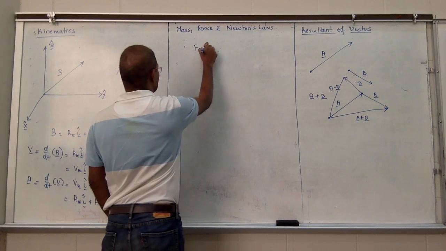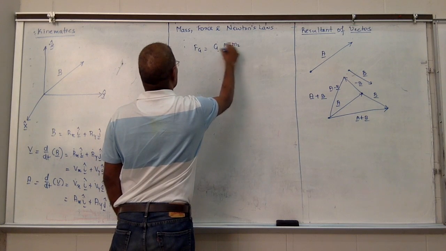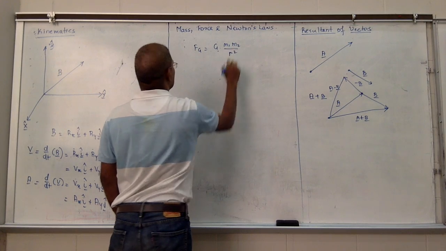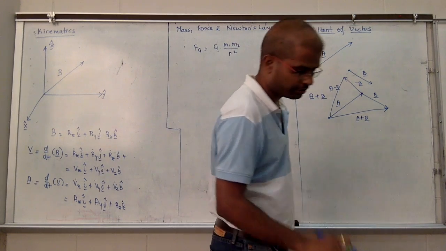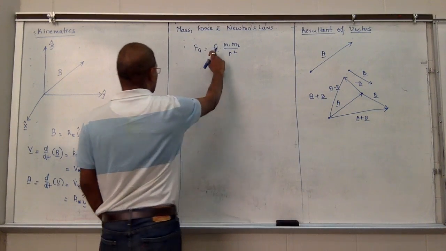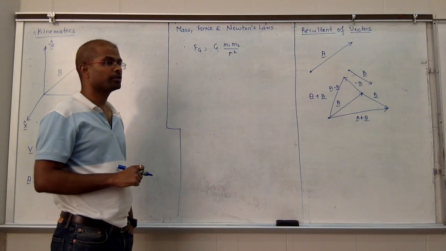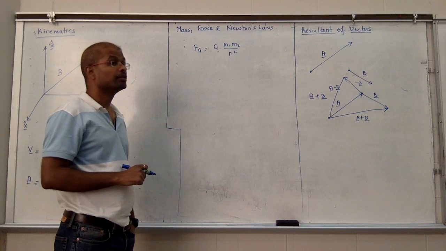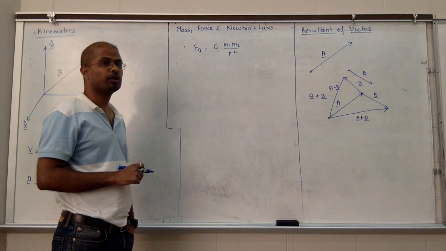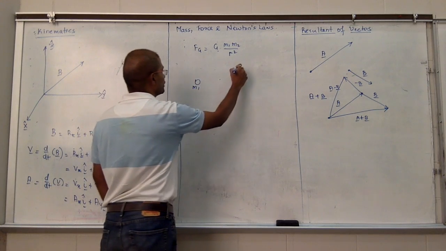So you have Fg is equal to G m1 m2 divided by r squared. Here, G is the gravitational parameter, and m1 and m2 are the masses. Fg is a force.